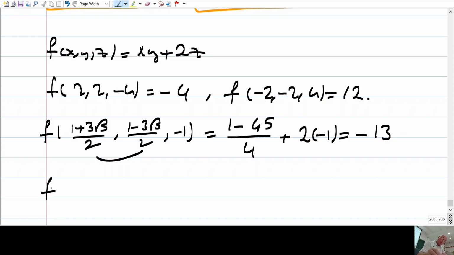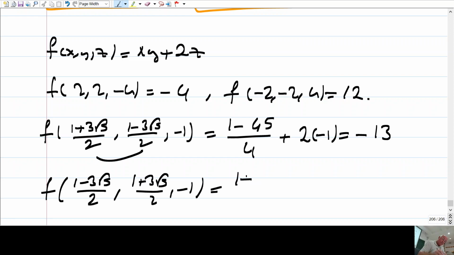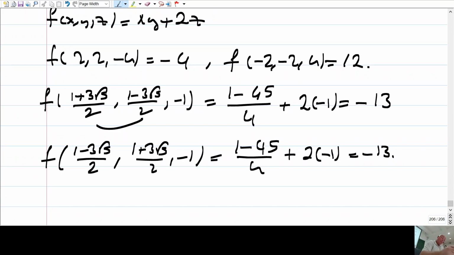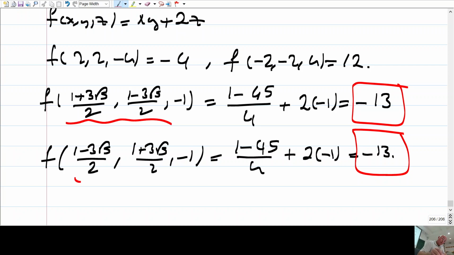Okay. What about this one? 1 minus this. 1 plus this. Minus 1. Well, this is the same thing. Again, minus 13. So, minimal value is this, right? And it is obtained at these 2 points, this one and this one.